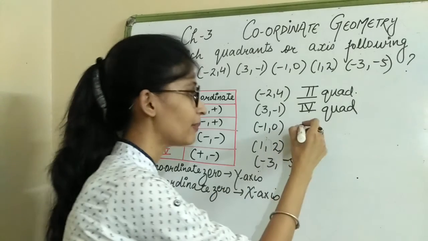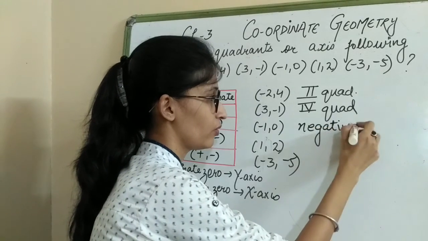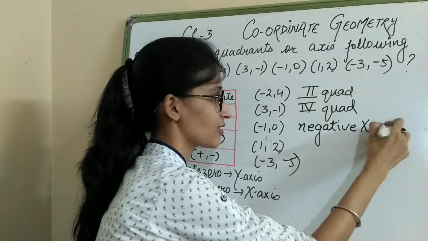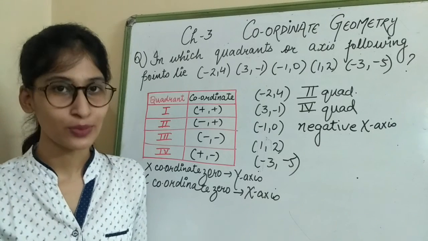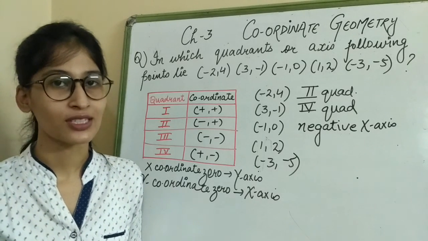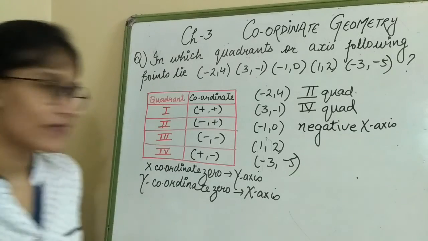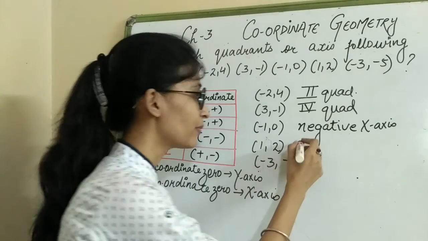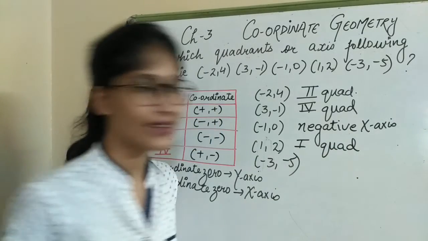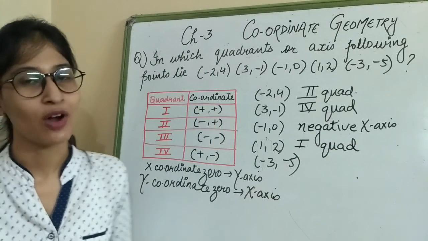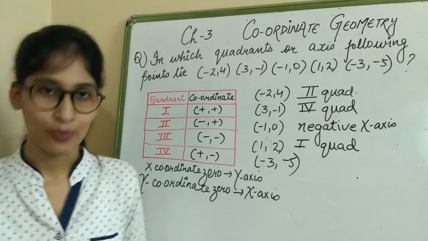This means the point will be lying on the negative x-axis. Next is 1, 2. X coordinate is positive as well as y coordinate. Positive case is for the first quadrant. So my 1, 2 point will be lying on the first quadrant. Next is -3, -5. X negative as well as y.